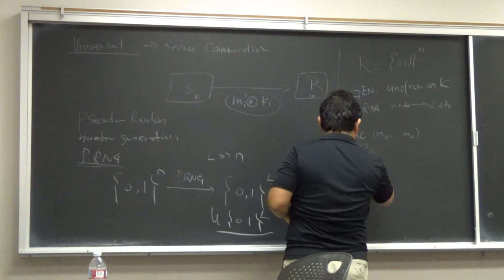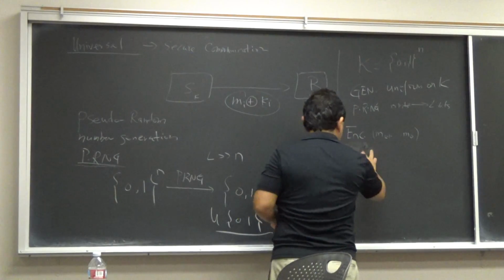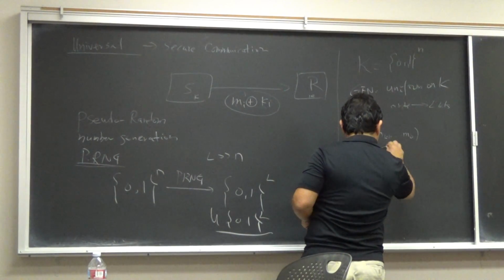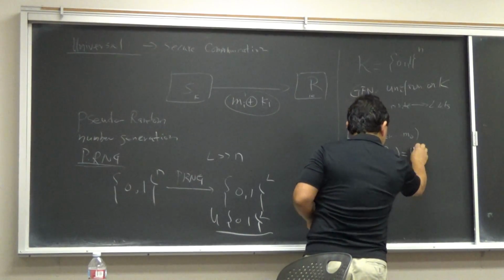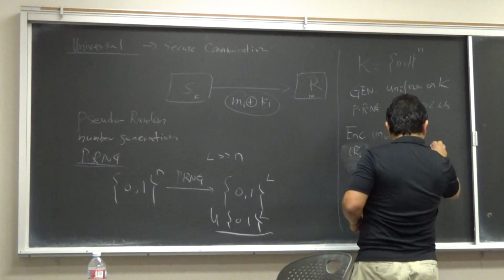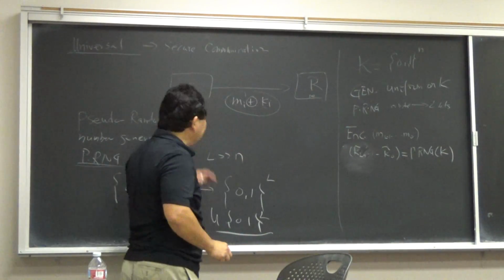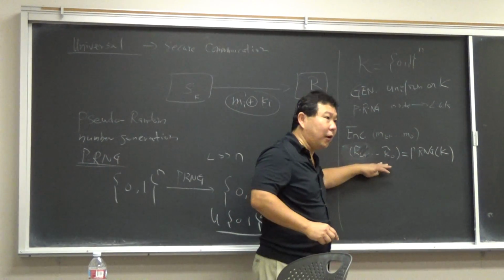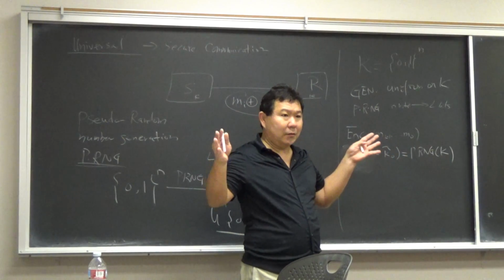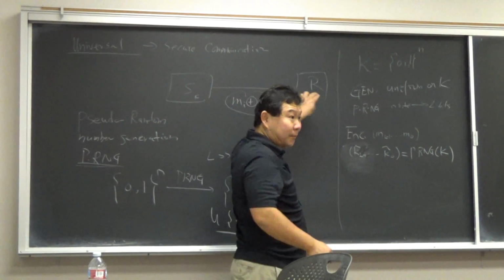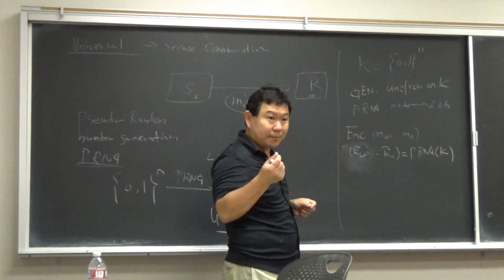So we produce a key they agreed upon, we stretch it out into a longer key, but we construct this just locally here. So this is locally computable, right?